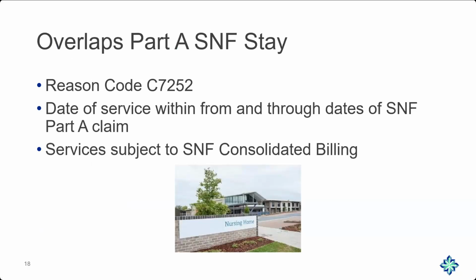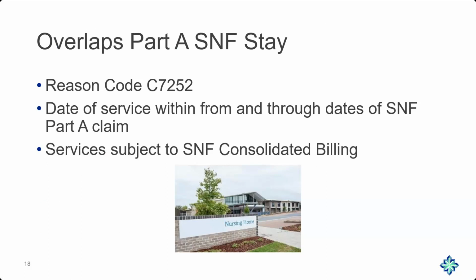Next up is reason code C7252. Now, this is a common working file edit, and you'll know that because those reason codes start with a letter, an E, a C, a U, and so on. C happens to stand for crossover. This is just an example.